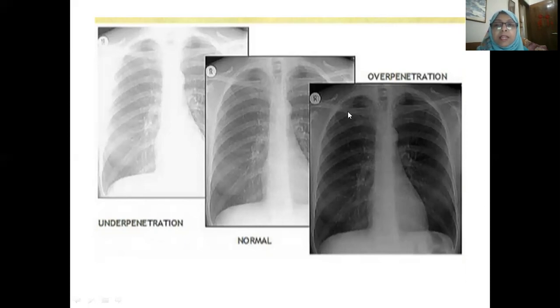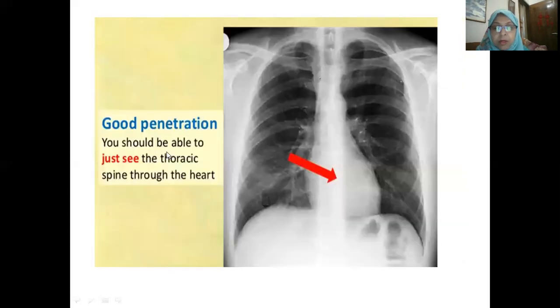So by looking at the lung field, it is darker, it is over penetration. Here is normal penetration: you can see the vertebral bodies clearly over the cardiac shadow, and in under penetration you cannot see the vertebral bodies. With good penetration, you should be able to see the thoracic spine through the heart.